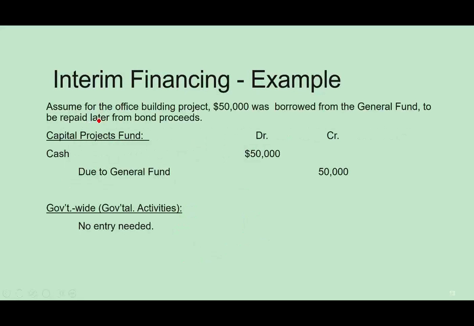So assume for the office building project, $50,000 was borrowed from the general fund. Notice it says borrowed, to be repaid later. So what we do is we debit cash, credit due to general fund, which is a payable.